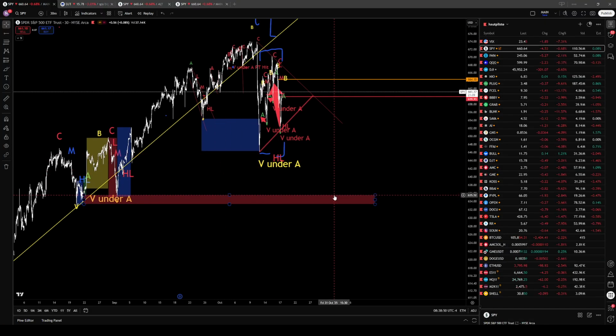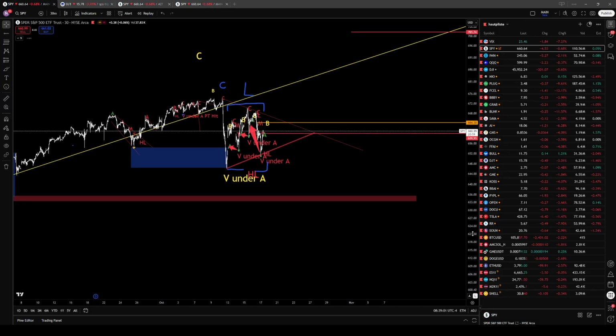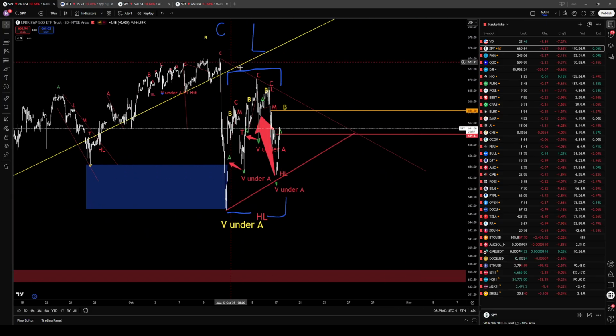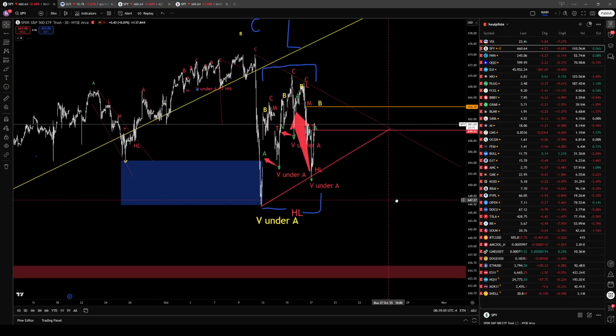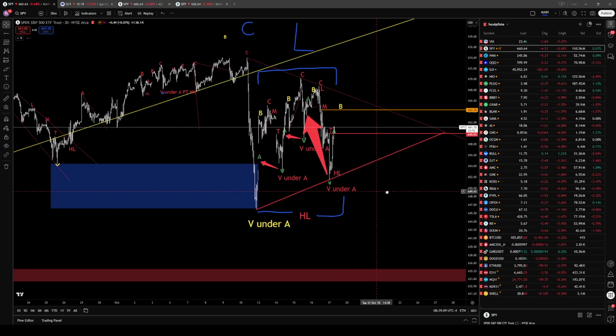The first one is 635 for a V and A, and if this is not holding, your second one would be under 600. And that would, again, as I already said, be the broadening wedge from SPY again. And we would already be in the downtrend.